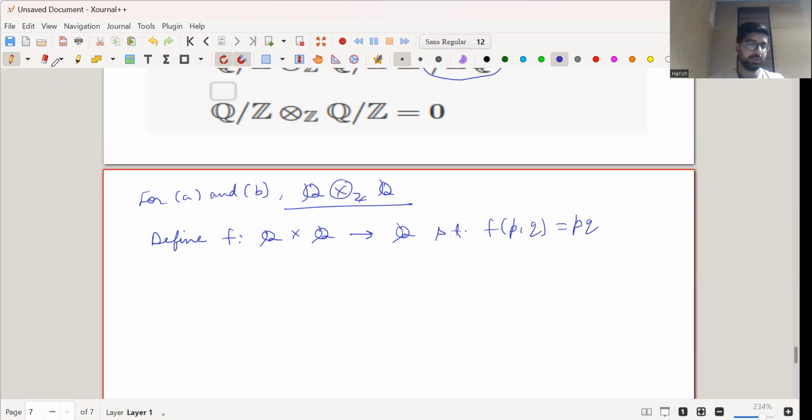That's the obvious thing we can do because we need it to be a bilinear map. So F is a bilinear map, right?